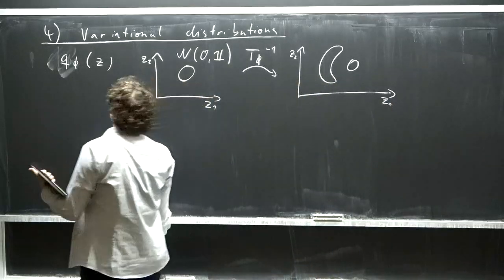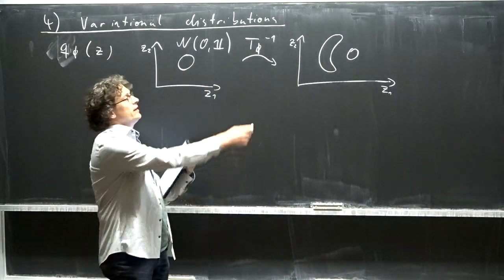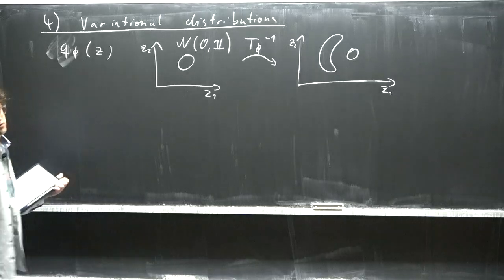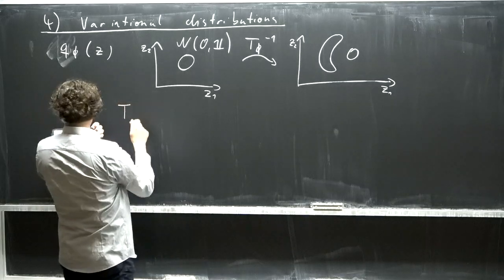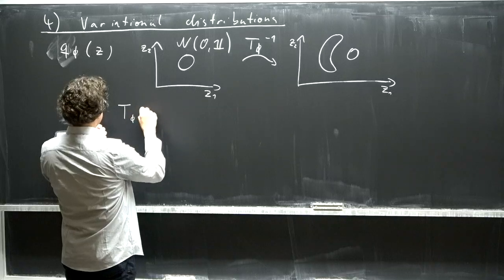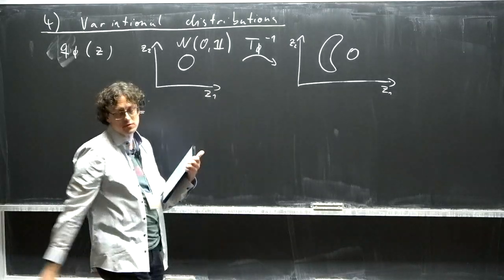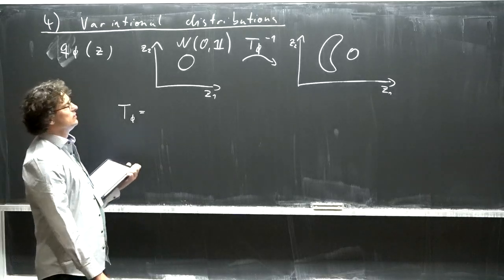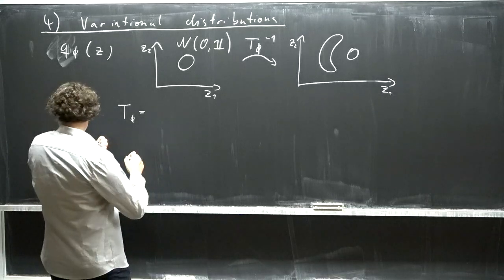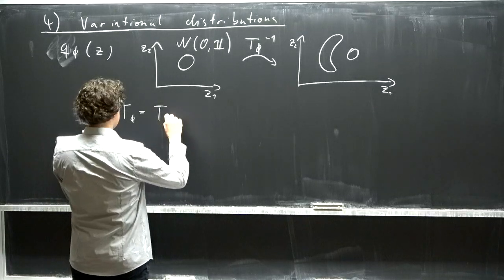Good, and now a question is how could we actually set up transformations like that? We want to have this invertible transformation for which we know the Jacobian determinant, and we build it up out of simple building blocks.